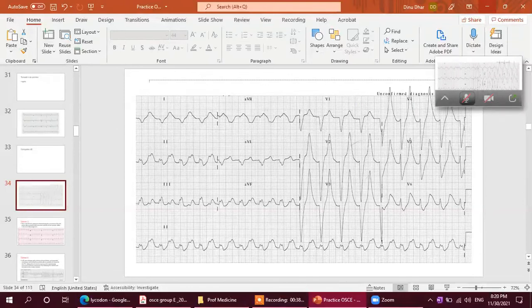A broad QRS complex with a deep S wave in V1. Deep S wave in V1. And you might see this pattern called William Marrow, which I have taught you before. Have a look at that. There are a few more abnormalities here actually. I will tell you about that later.